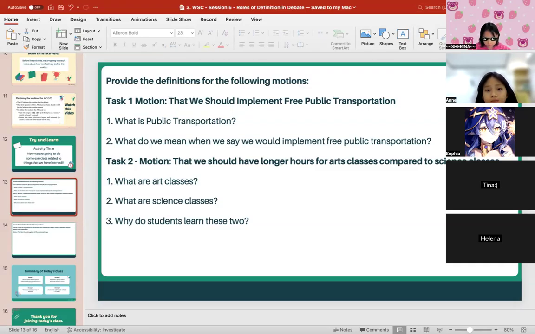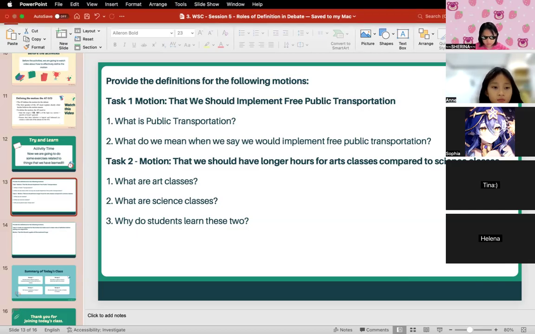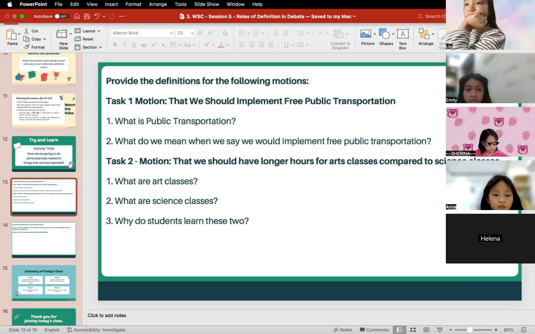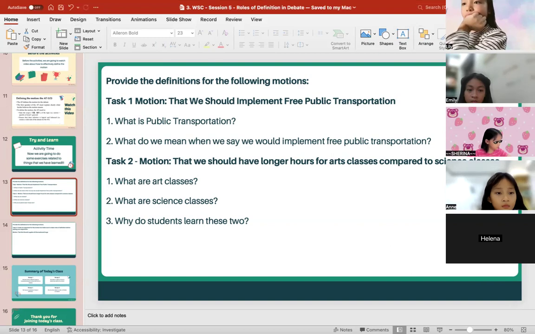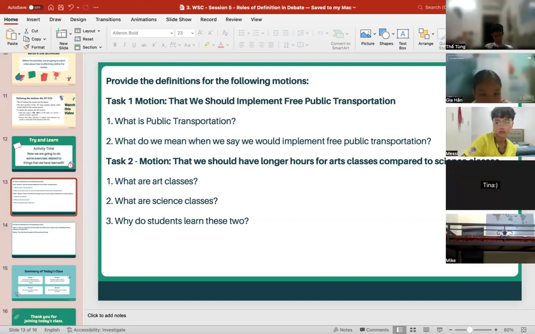Give me a minute. In my opinion, I think public transportation is many.